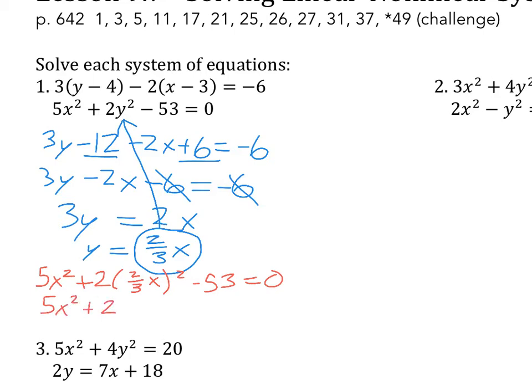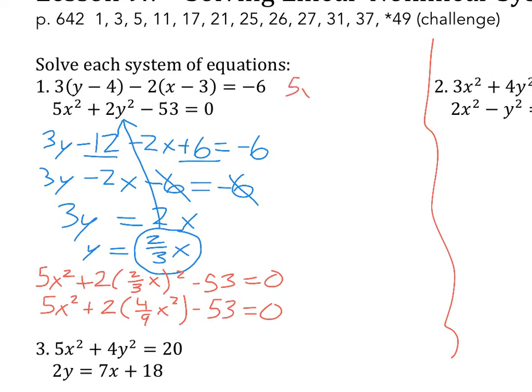Two-thirds x times 2/3 x is 4/9 x squared. Now I'll move up here. So this becomes 5x squared plus 4/9 times 2 is 8/9. And I'm going to move the 53 to the other side.